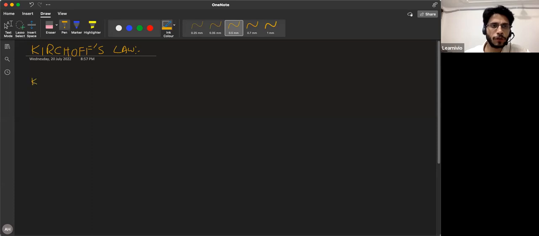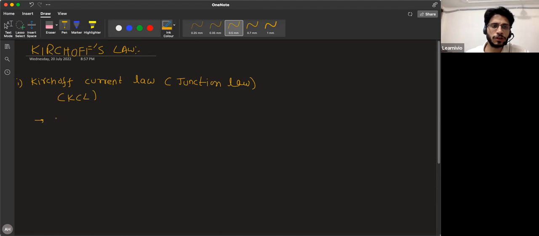So there are two Kirchhoff laws. First is Kirchhoff current law, or you can say this also as the junction law. This is also known as KCL.